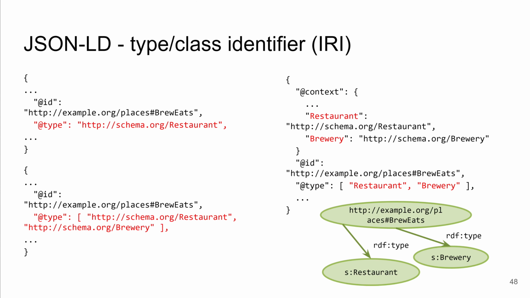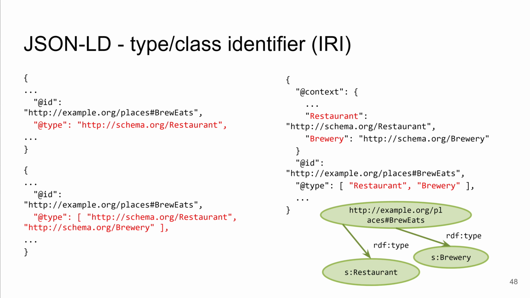Now, the next thing we want to say is that the JSON object actually represents something of a certain type. So we need to specify the class to which this object belongs, or we may call it a type. So in these examples, we have restaurant. It's actually a brewery.